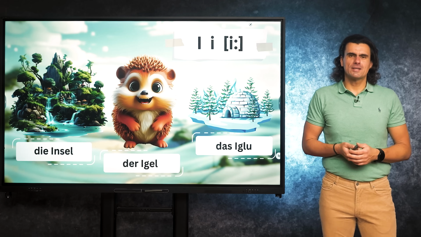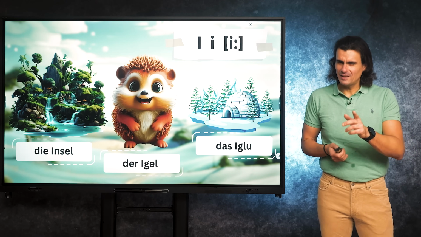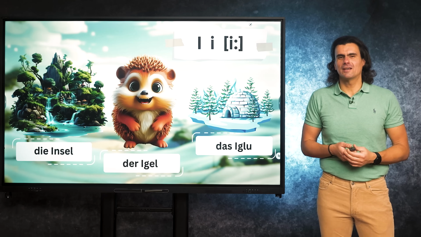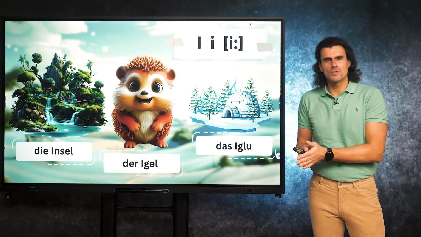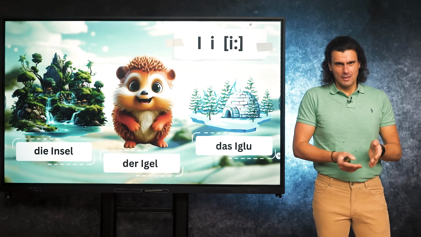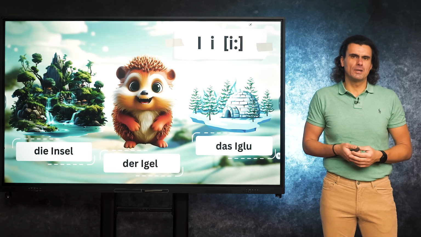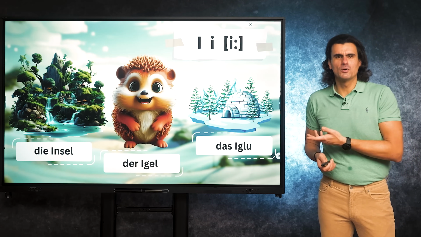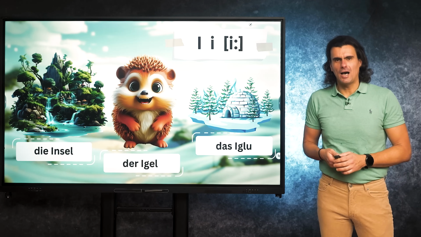Das Igloo ist ein Haus aus Eis. I think that you already understood what I said. Das Igloo ist ein Haus aus Eis. In this sentence, you already see how close English and German can be. I said that the igloo is a house made out of ice.